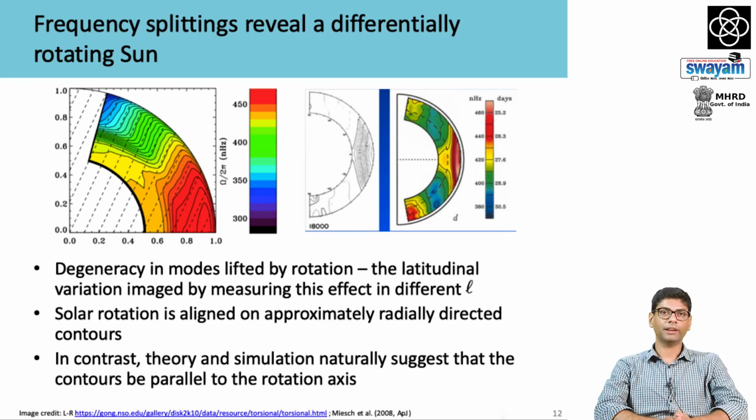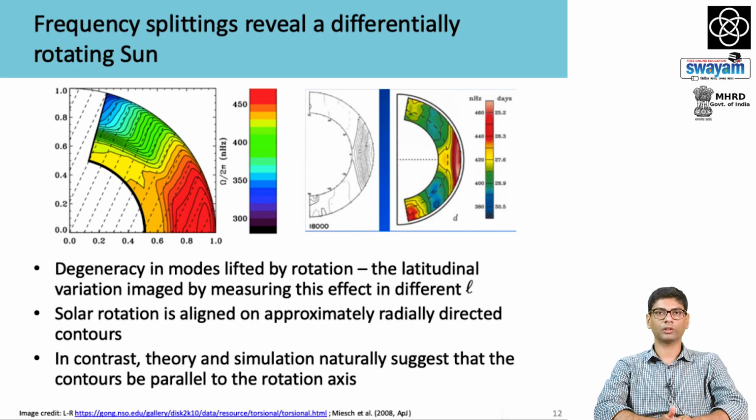Secondly, we find that as you go deeper and deeper inside the interior, these rotation contours are approximately aligned along the radius. You see the upper left plot, which plots the rotation rate as a function of latitude and radius.